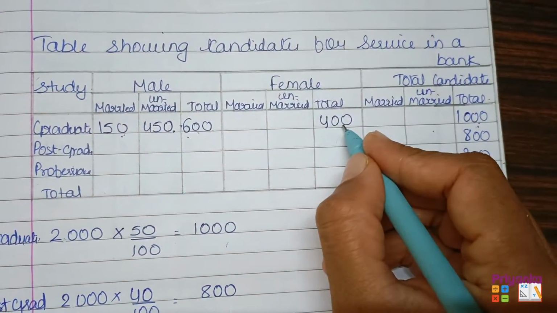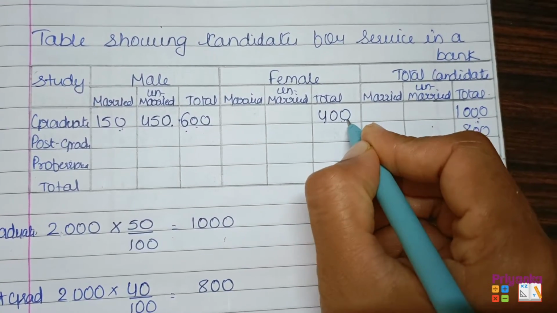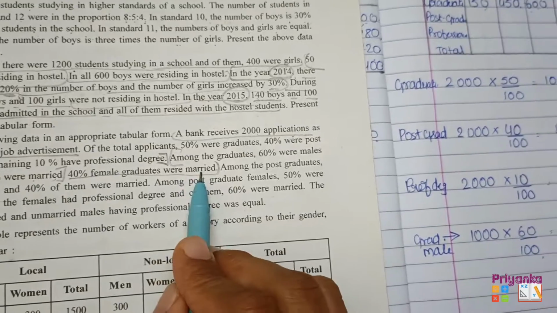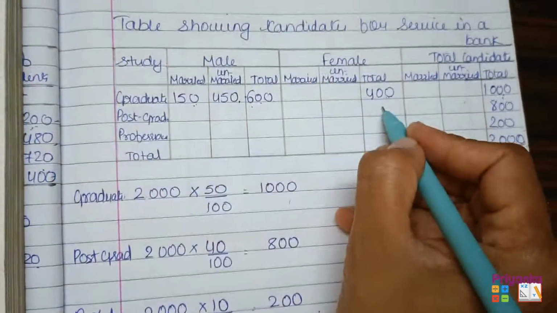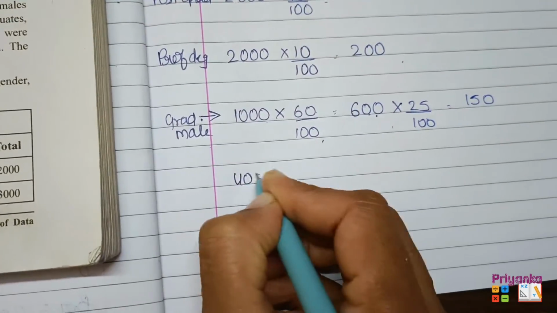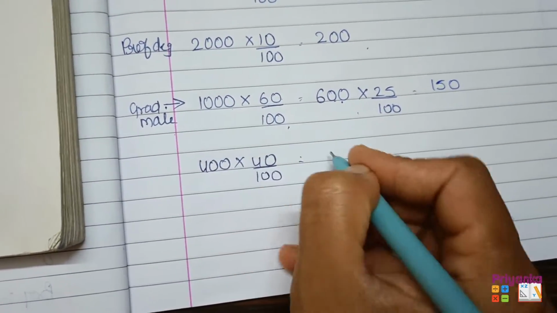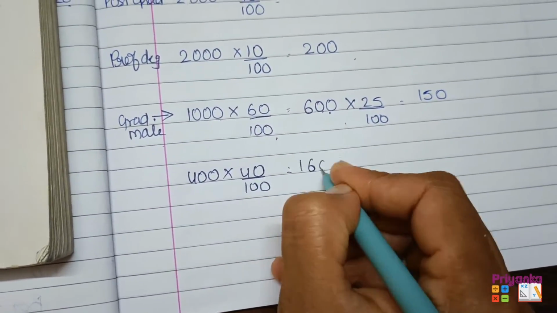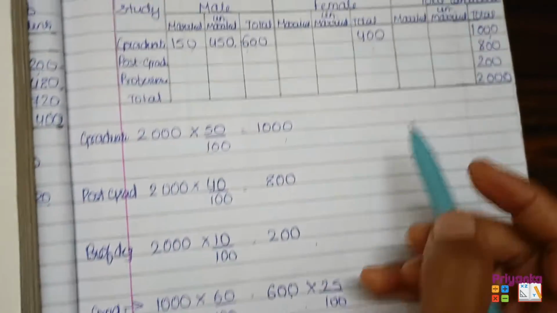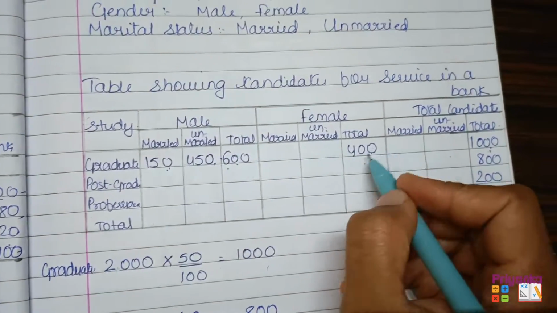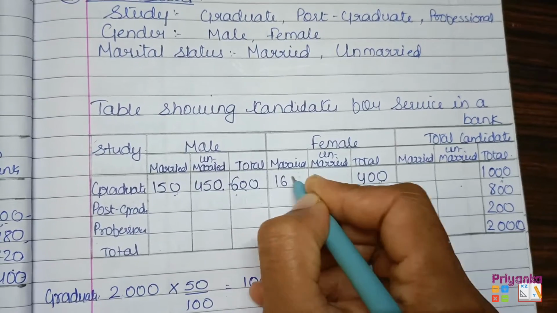Now out of this 400, 40%, here what is written? 40% were married. So first of all, let's take 40% of 400. This you can do in your calculator. Here we get 160. That is 40% of females were married.